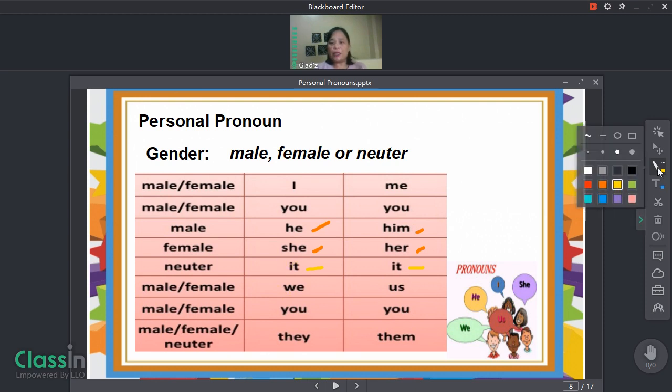For the pronouns we and us, we have male or female. And for you again, male or female. And for the pronouns they and them, we cannot say whether it is a male, a female, or a neuter. So that is the gender of the personal pronouns.